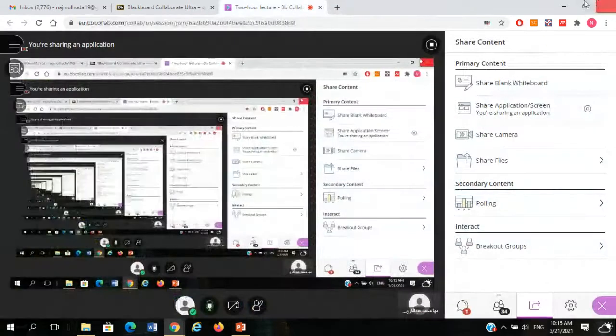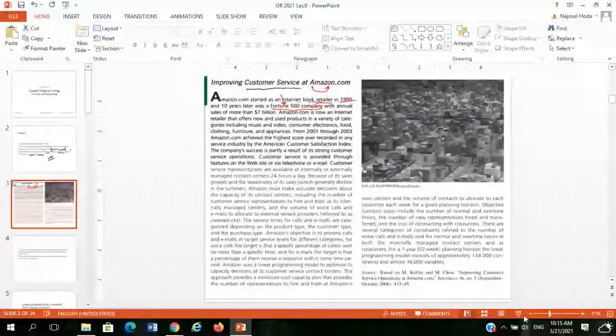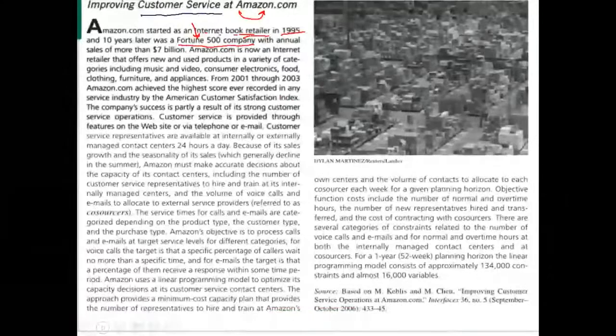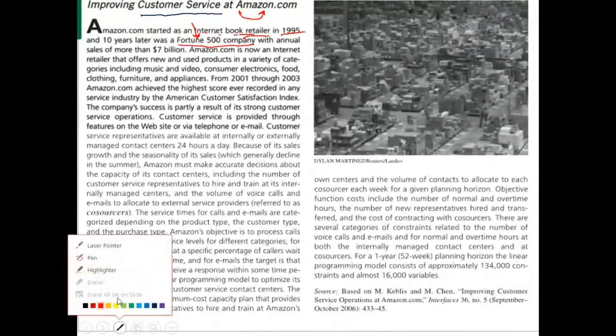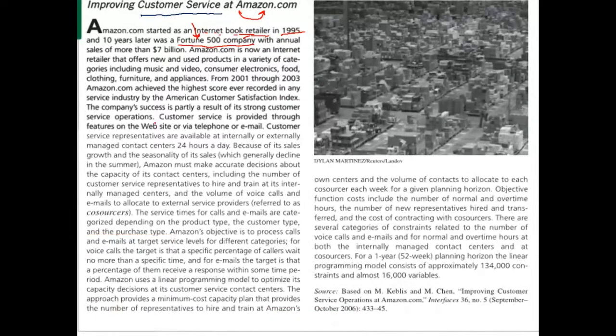Fortune publishes a list of 500 top companies in the world, and as we saw, 10 years after Amazon started, it was one of the Fortune 500 companies. There are so many companies in the world, and out of them, Fortune selects the 500 best.